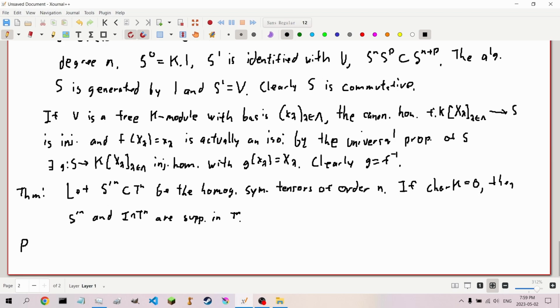And for the proof, as before, let x lambda, lambda indexed by big lambda, be a basis of V. Now here's the scary part. We give our indexing set big lambda a total ordering.